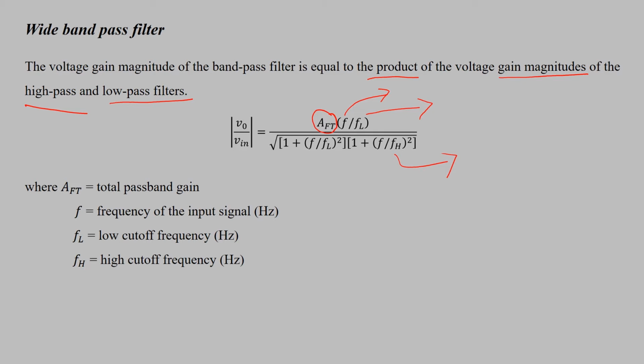So we get the magnitude of V naught by V in as AFT into F by FL over the whole square root of 1 plus F by FL squared into 1 plus F by FH squared. This is the gain equation for the wide band pass filter.